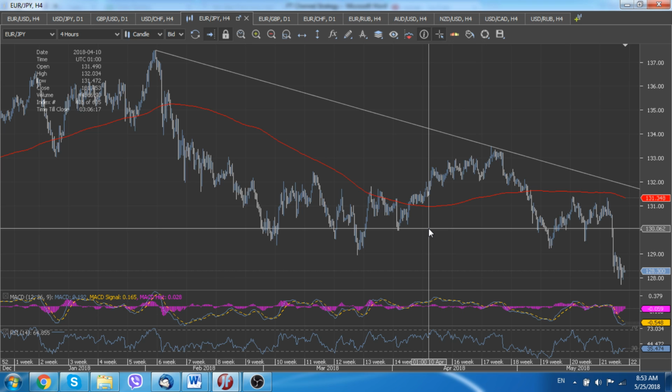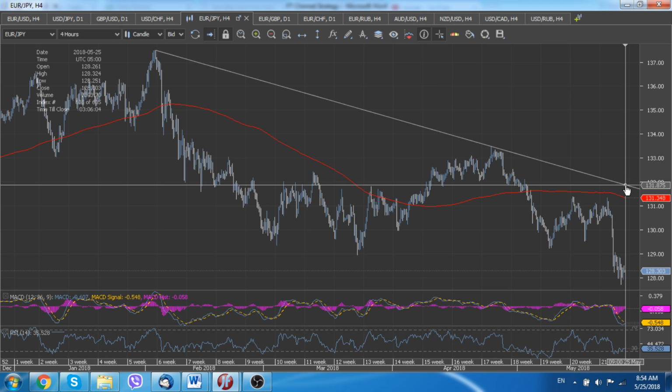We haven't seen any kind of stronger correction for the last couple of days, and while we are trading below 131.90, where lies the 2018 downtrend, the pair should remain extremely unsupported and extremely weak.